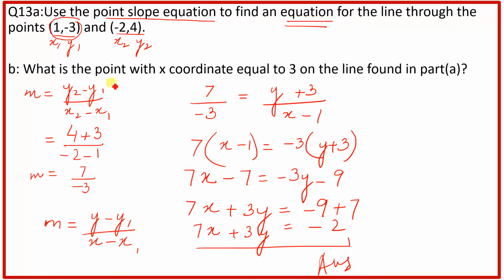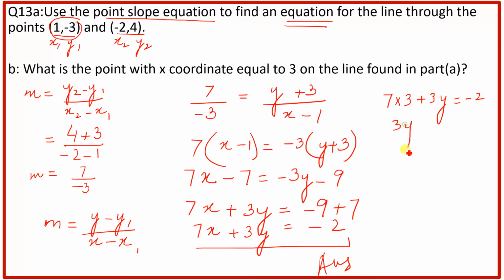Now is the second part. What is the point with x coordinate equal to 3 on the line found in part A? In this answer 7x plus 3y is equal to -2, you have to put 3 instead of x. It is very easy: 7 into 3 plus 3y, then we will solve for y.